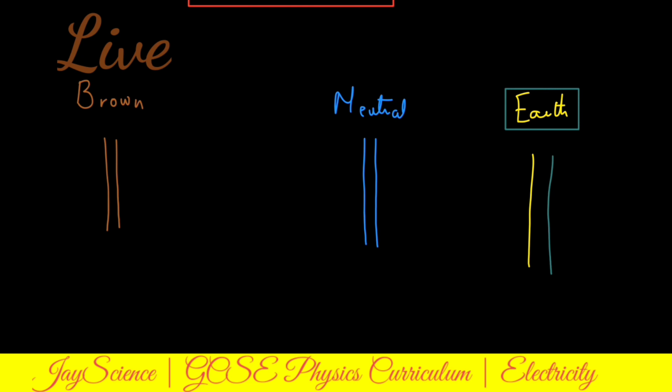The live wire has a potential difference between 0 and 230 volts. The earth has a potential difference of 0, and then the neutral wire too has a potential difference of 0 volts. Now, the earth wire, most times there's usually no current in it. The only situation where you can have current in the earth wire is when there is a fault in the connection.